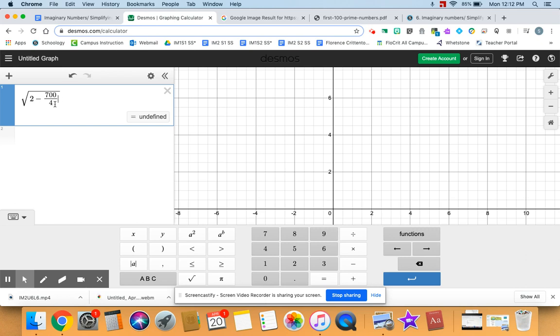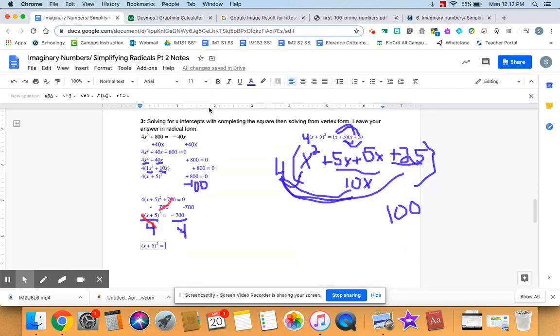Oops. Is negative 175. So now, to get rid of the squared, you do square root to both sides. And on this side, it just cancels the squared.